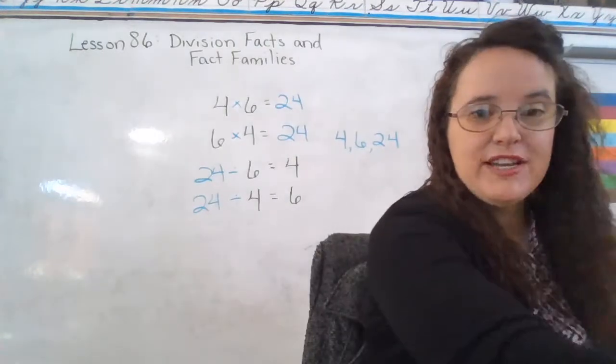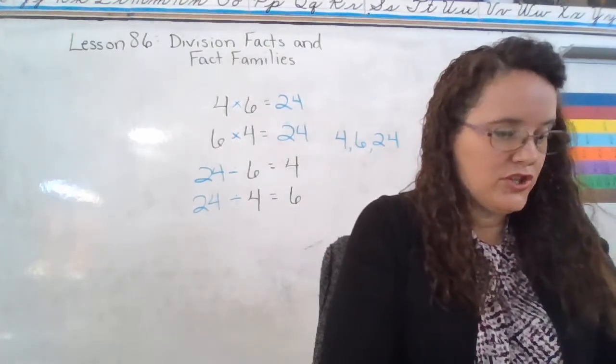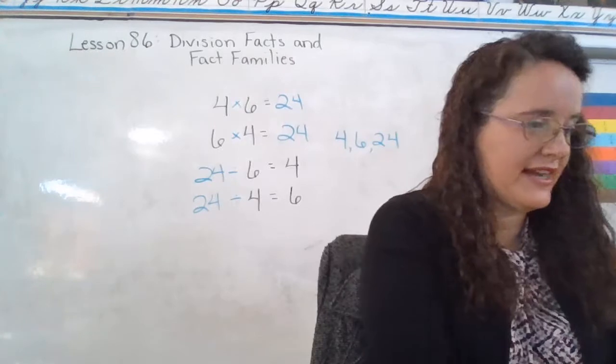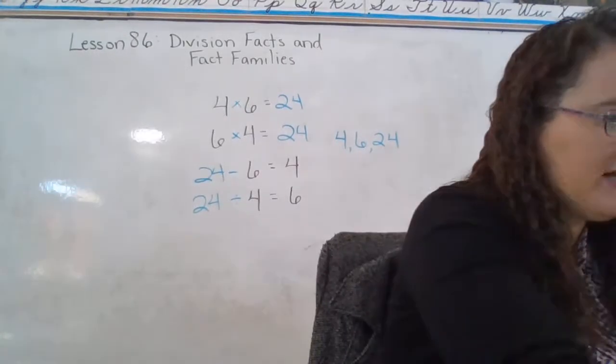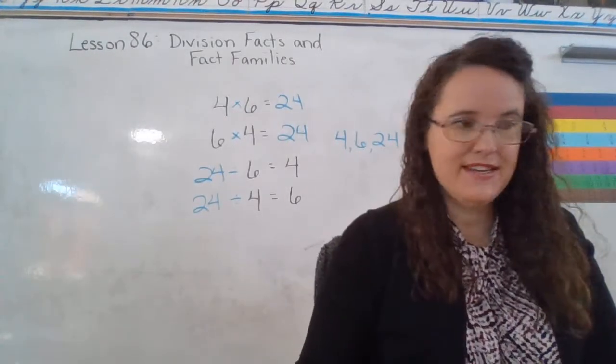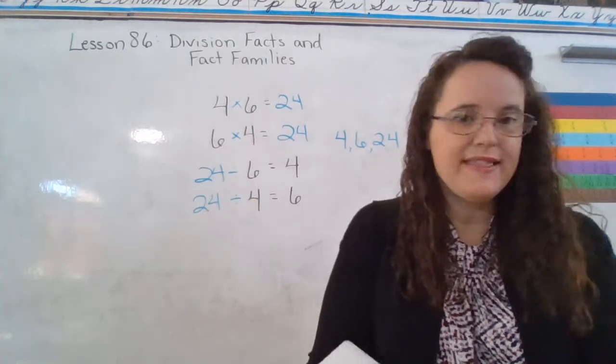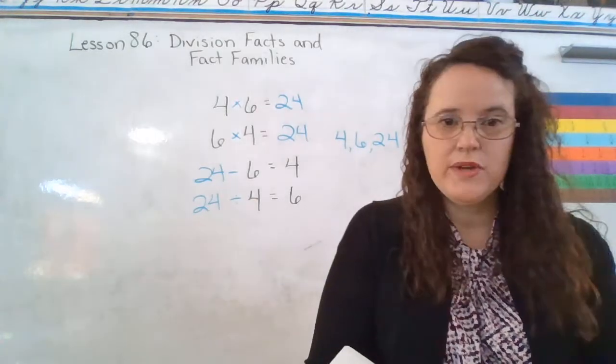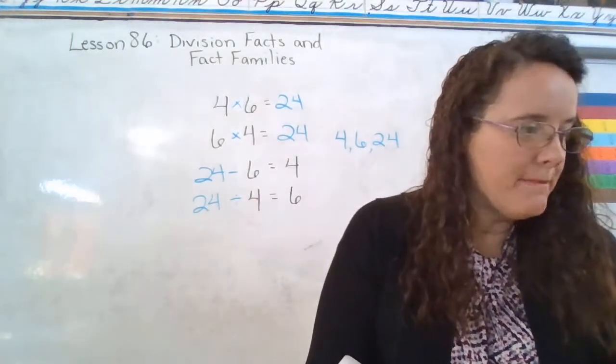All right, ladies and gentlemen, it is time for you to do your lesson practice. That can be found on page 467. I am also going to write them on my board here, and we will go over the answers momentarily.